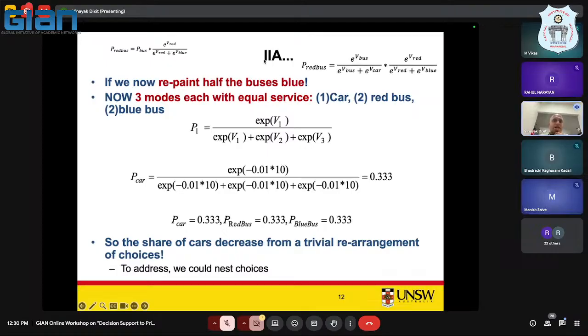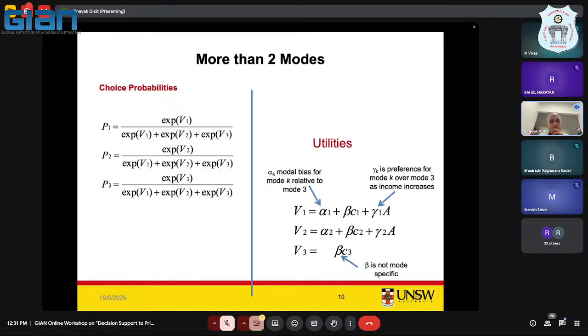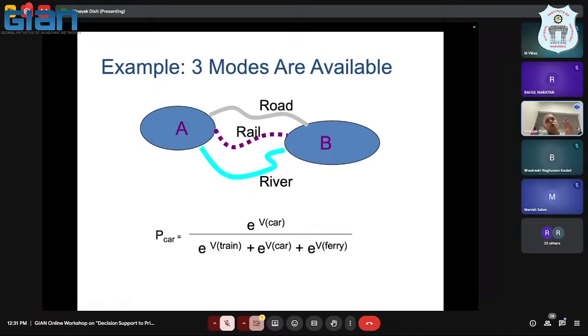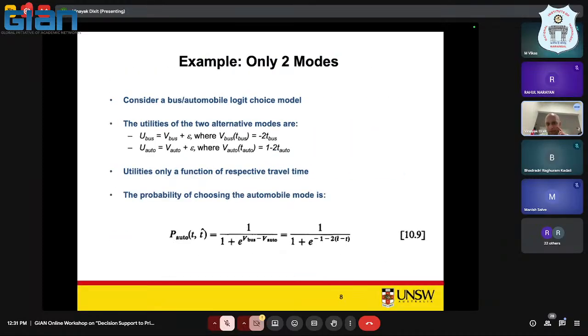So IIA stands for identically independent alternatives in terms of errors. I won't go into the derivation of this, but the way a lot of the logit model is derived is that we have these error terms.